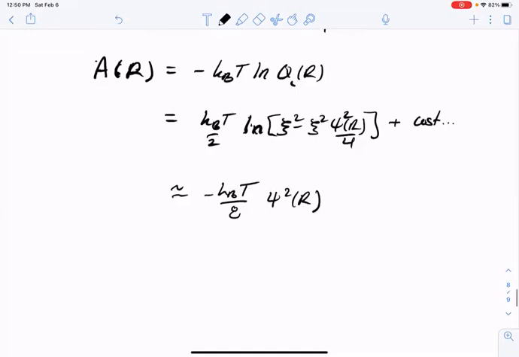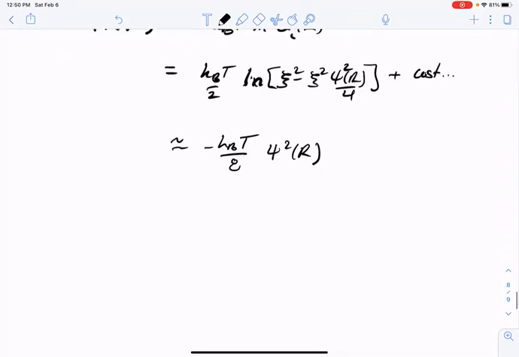So what we find now is an effective free energy, an effective reversible work for moving those binding sites relative to each other, which is strictly attractive, kBT psi squared, strictly positive numbers.